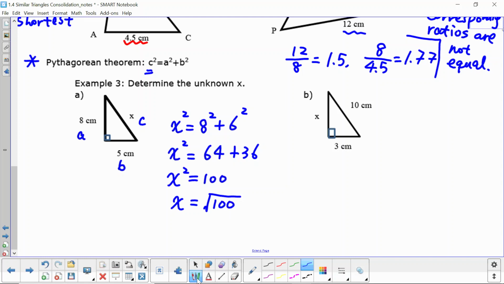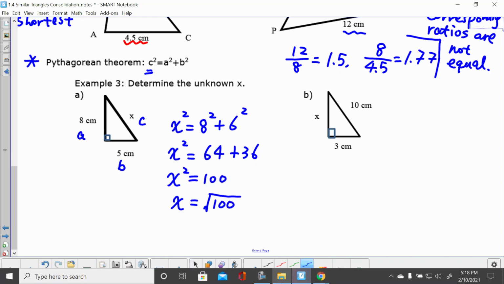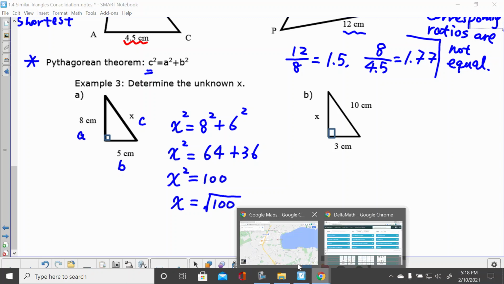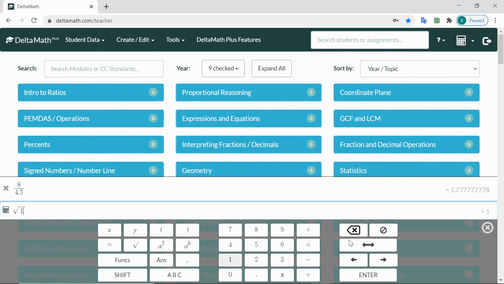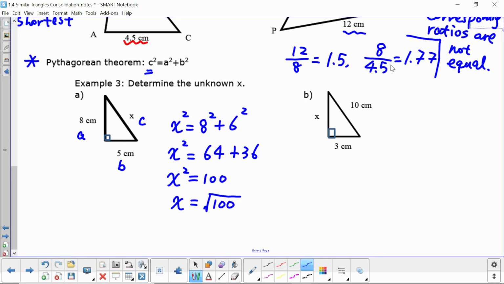So get your calculator on. You can use a calculator on Desmos. We are going to say square root, then 100. Then it equals 10. So x equals 10. Then it's done.